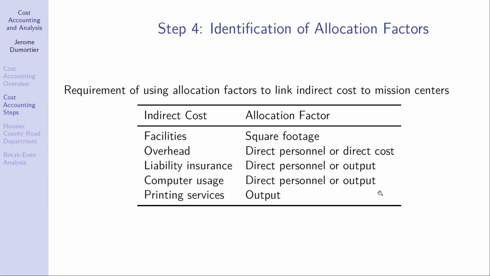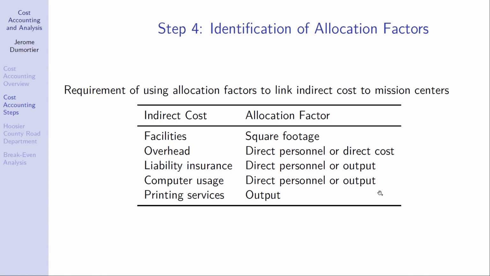Now, I mentioned before that you have indirect costs, and you somehow have to link those indirect costs to mission centers. Note that in this table you see one example, but there may also be different ways of doing it.